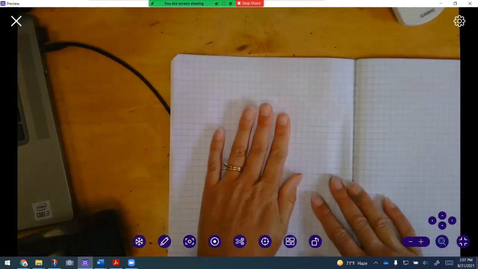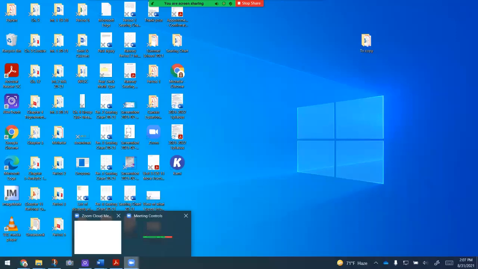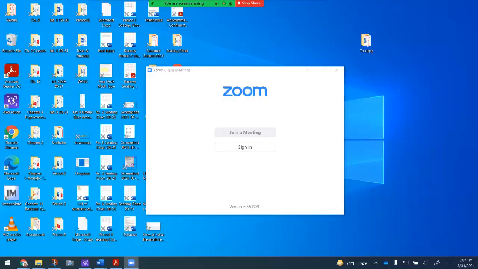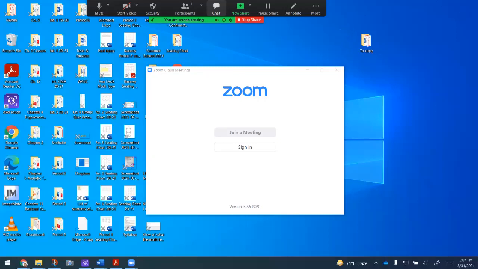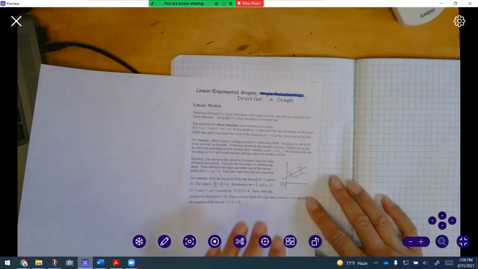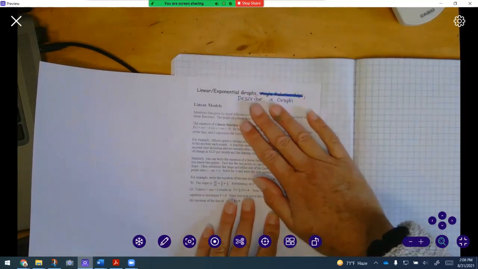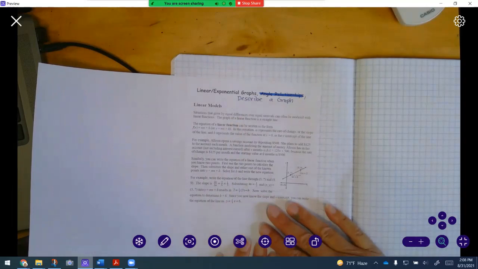And then I'm going to flip it, and on the next page right here, I'm going to take the one that has linear graphs. Hold on a second, my screen just went. I'm going to take the one that has linear graphs, which are right here.